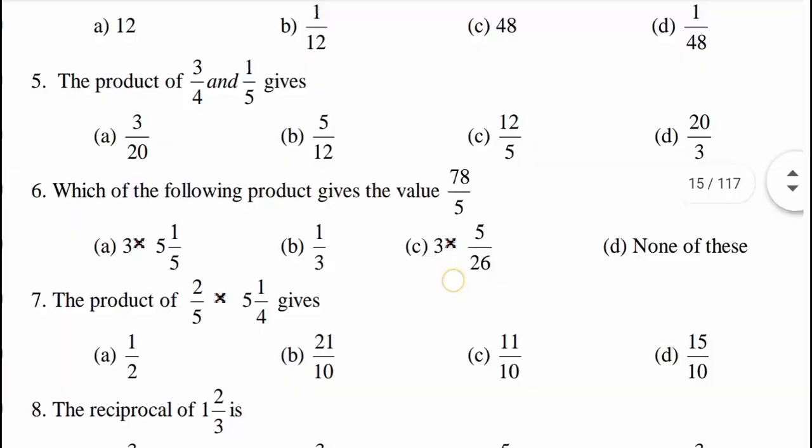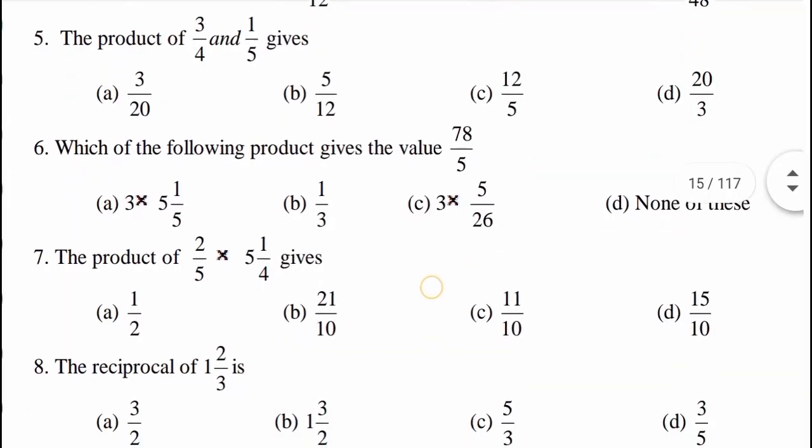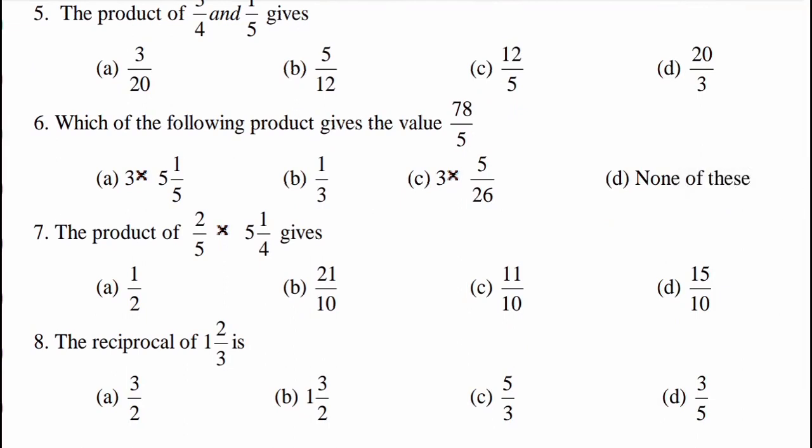Now we solve question number 8. Question number 8 is the reciprocal of 1 integer 2 upon 3 is. First of all, we convert this mixed fraction into improper fraction form, and for that we multiply these two numbers. 1 3s are 3, 3 plus 2 is equal to 5, so 5 upon 3.